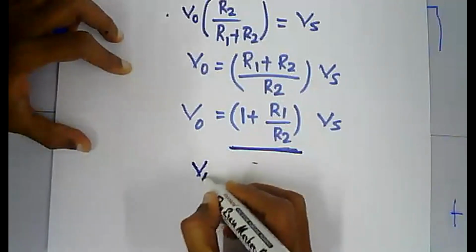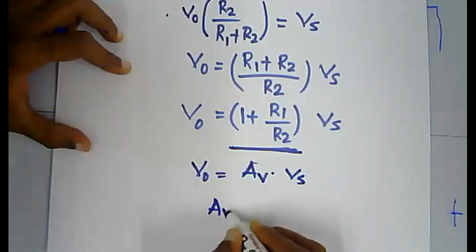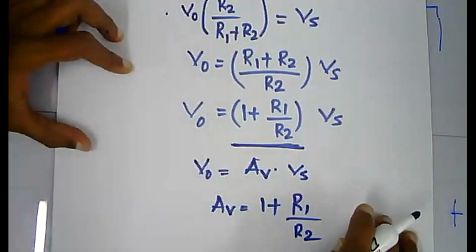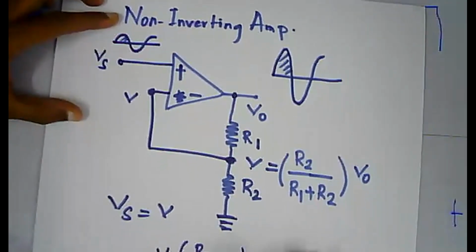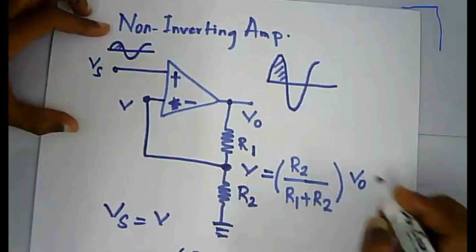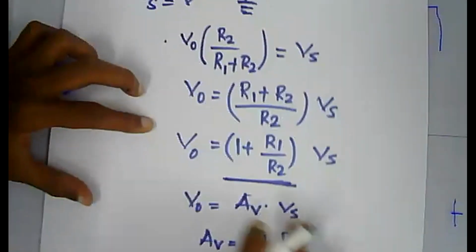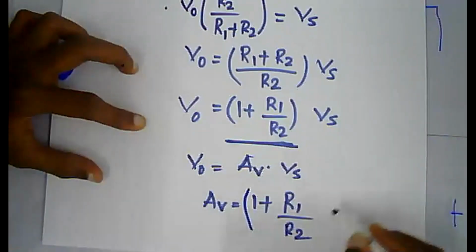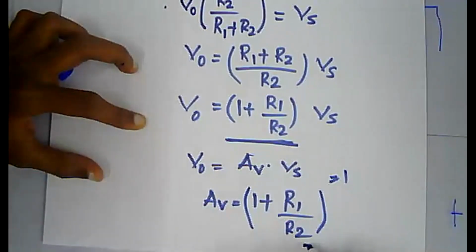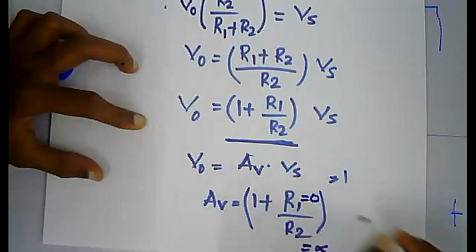So this is in the form of V out equals Av into Vs. So your Av equals 1 plus R1 over R2. As I said here, this term becomes 1 when R2 equals infinity and R1 becomes 0.